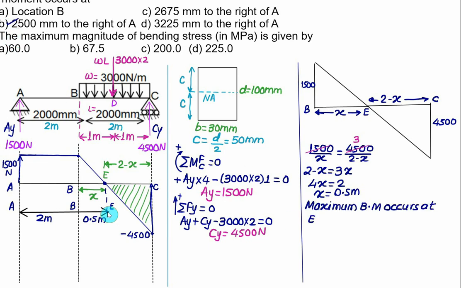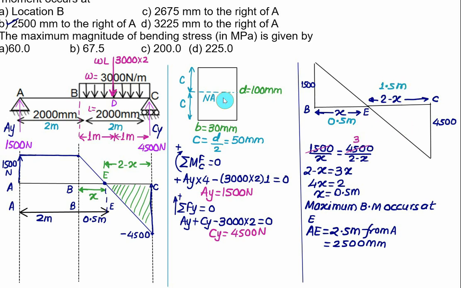So the maximum bending moment will occur at point E, and the distance of E is 2.5 meter from A, that is equal to 2500 mm. So for the first part, our choice B is correct. The value of x comes out to be 0.5 meter, so the remaining distance will be equal to 1.5 meter.